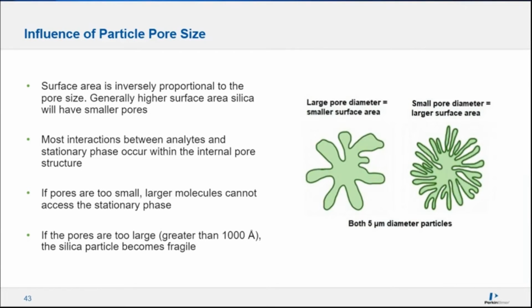If pores are too small, large molecules cannot access the stationary phase because, again, most of the stationary phase resides in the pores. If the pores are too large, the particle can become fragile. In addition, the interaction, particularly for a low molecular weight molecule, can be very low because, again, surface area is inversely proportional to pore size.